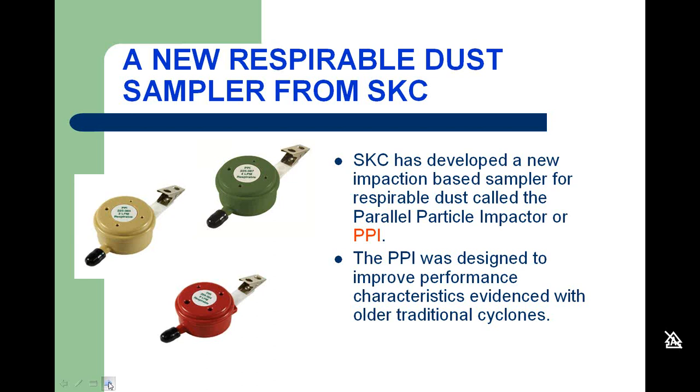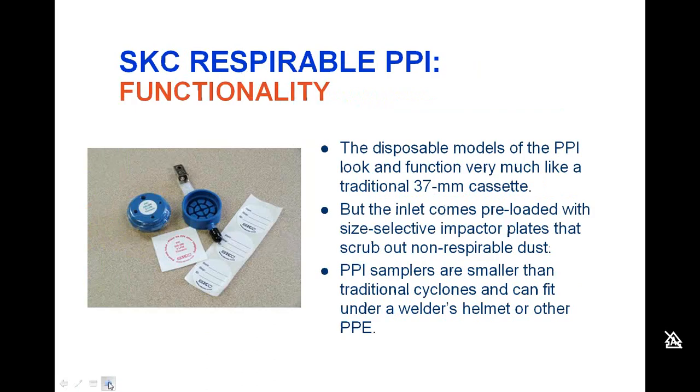Like for thoracic particulate, SKC has developed a new impaction-based sampler for respirable dust called the Parallel Particle Impactor, or PPI. The PPI was designed to improve performance characteristics evidenced with some of our old traditional cyclones. The disposable models of the PPI look and function very much like a traditional 37mm cassette.